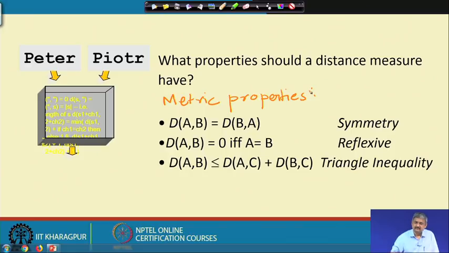What are the properties? Symmetric. That means, if you take 2 points A and B, the distance between A to B is the same as the distance between B to A. Symmetric.